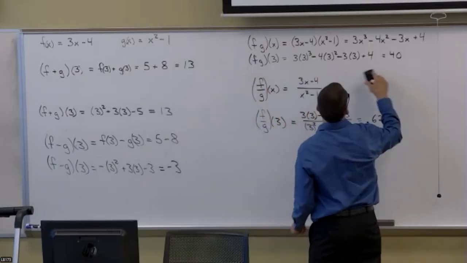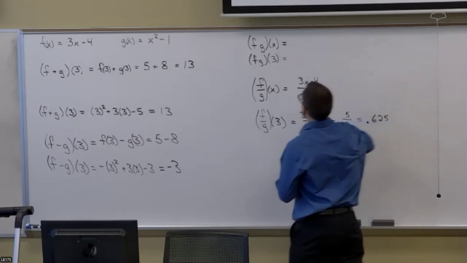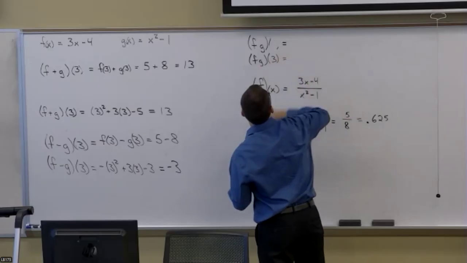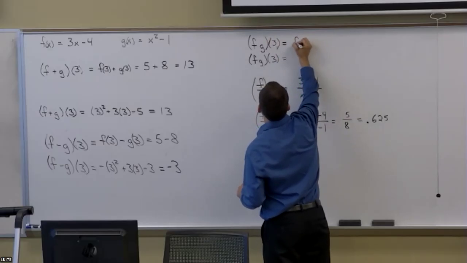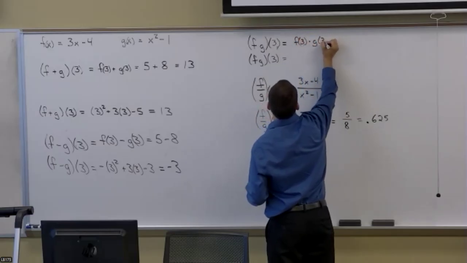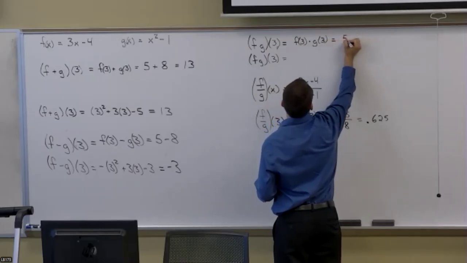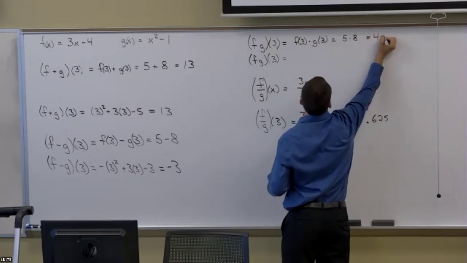What about when I multiply? Well, when I multiply, we're going to get f of 3 times g of 3, which is 5 times 8, which is obviously 40.